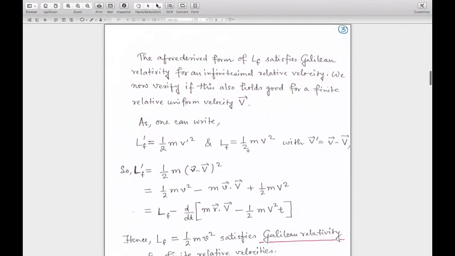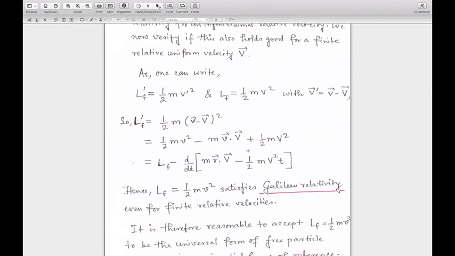Well, the good news is yes. Then L_F prime will be half m (v minus V) whole square, where capital V is a finite, uniform relative velocity of K prime with respect to K. Then you can simply write this as half m v square minus m v dot V plus half m V square.